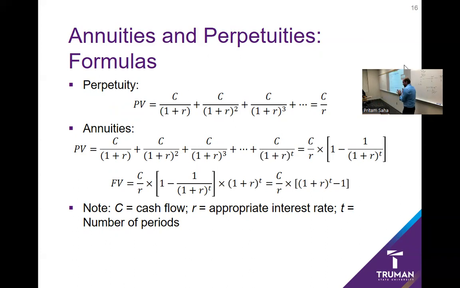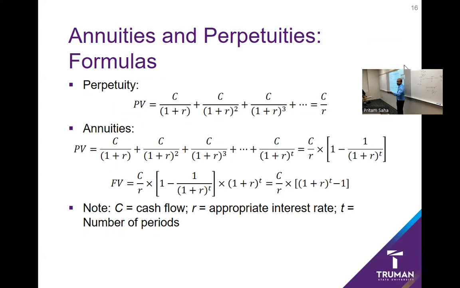Now we have to be careful. The C means the amount of cash flows. On the financial calculator, so far we inputted 0 for PMT, or payment, right? On the financial calculator, the C means PMT, payment.